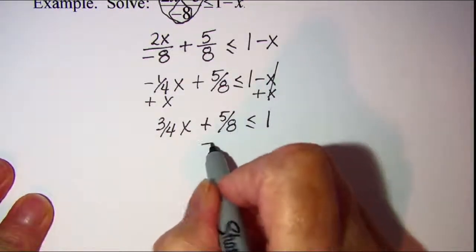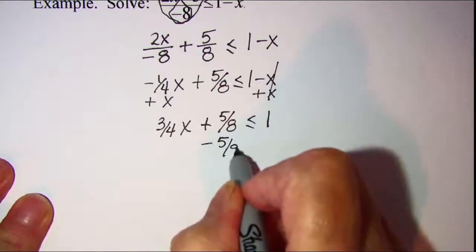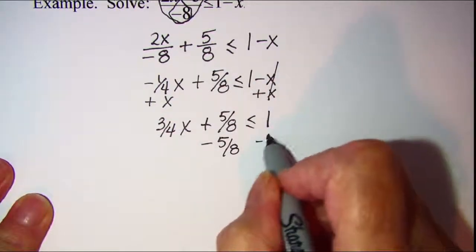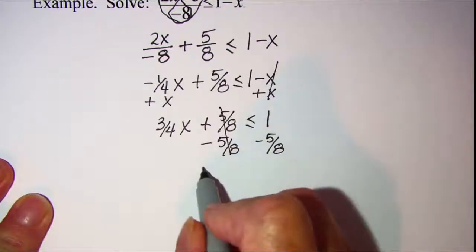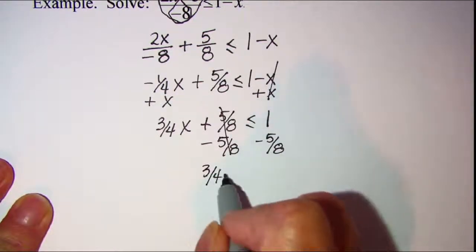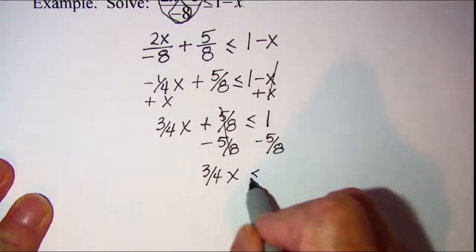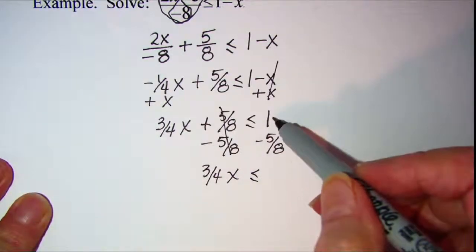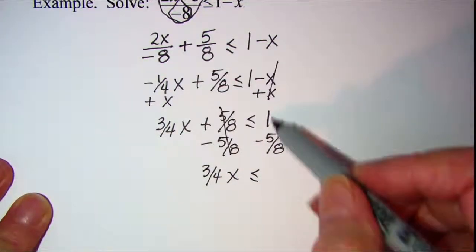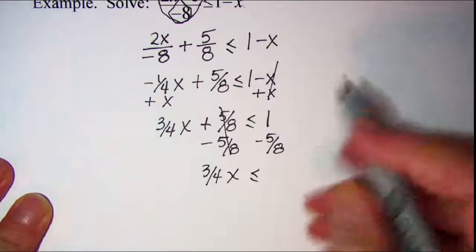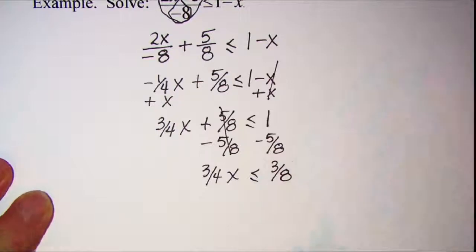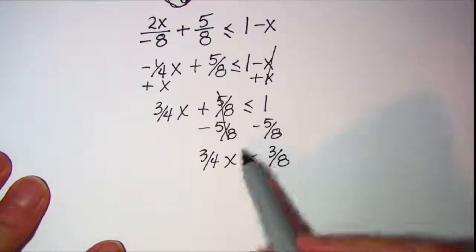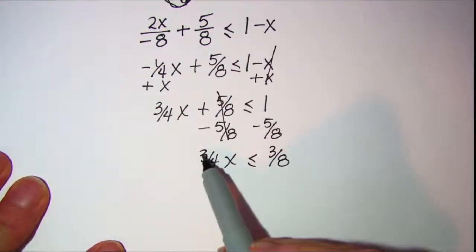Subtract 5/8 from both sides. And these will cancel. I have 3/4 x is less than or equal to, now 1 is the same as 8/8. Subtract 5/8, that'll leave me with 3/8. And then I want to get this coefficient to equal 1.